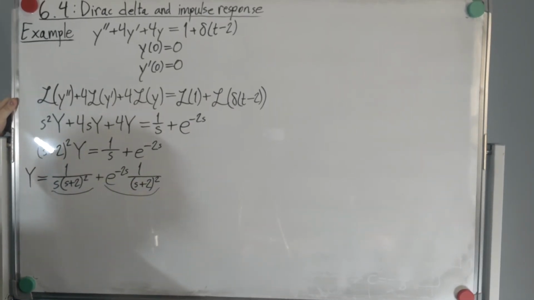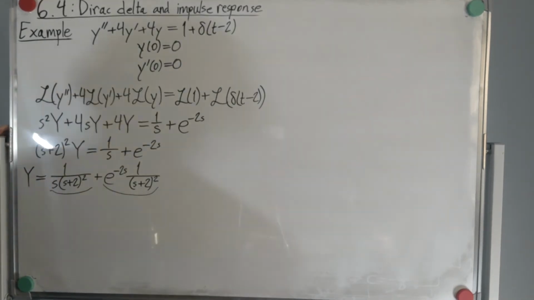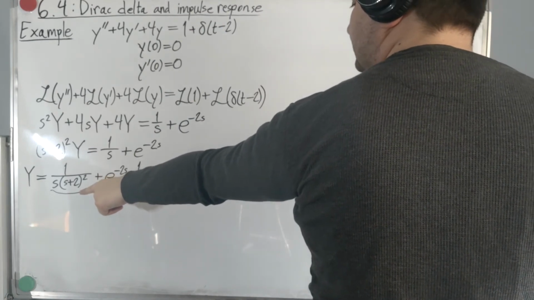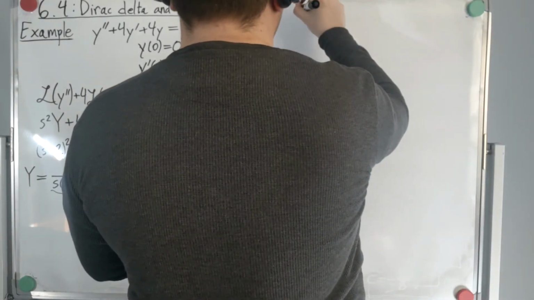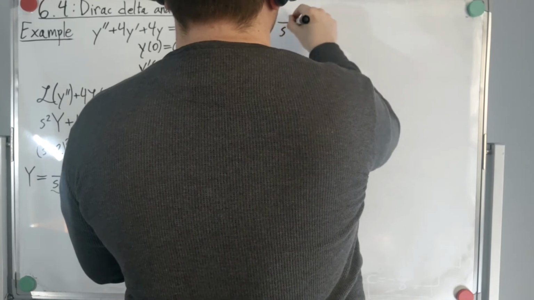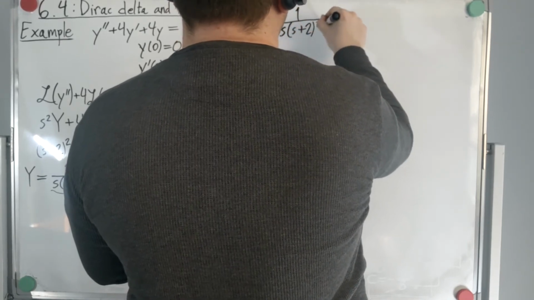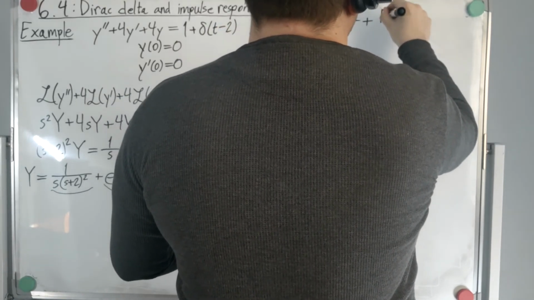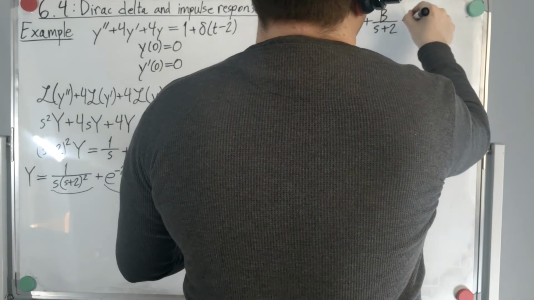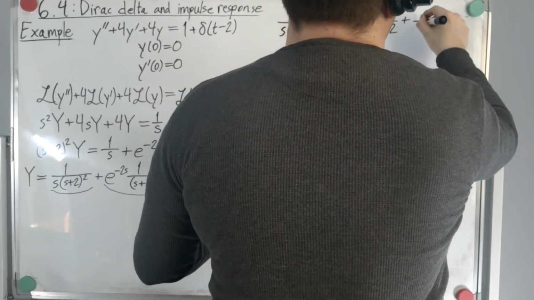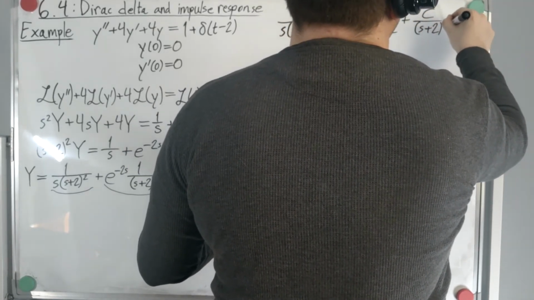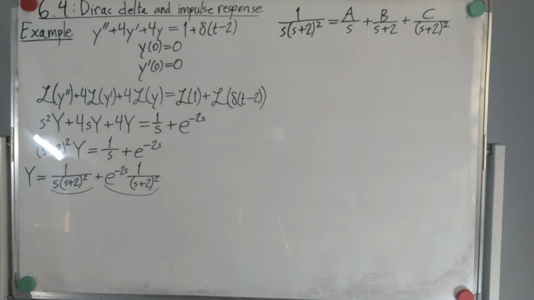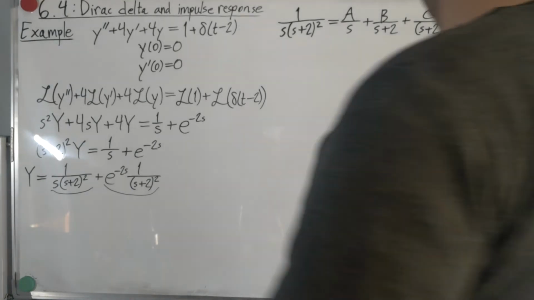So let's get down to business on finding the inverse Laplace transform. We'll start with the easier part, which is doing partial fractions on this thing. So 1 over s times s plus 2 squared is A over s plus B over s plus 2 plus C over s plus 2 squared. Multiply through.